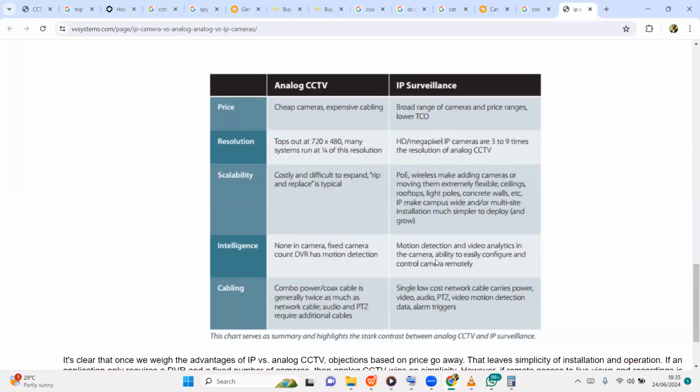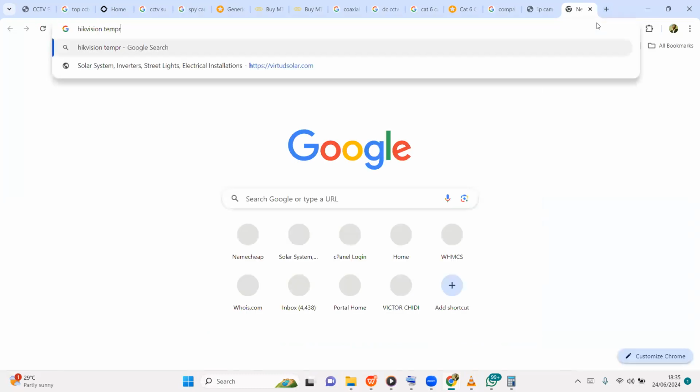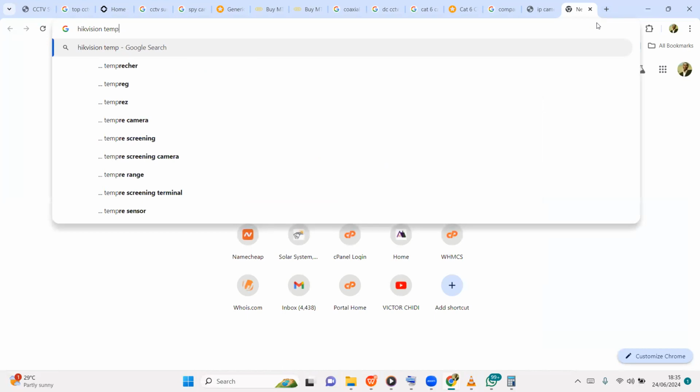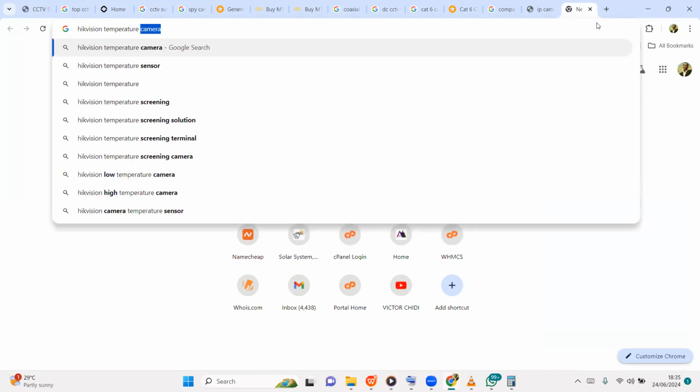Just like during COVID-19, you see that some cameras can be placed in front. If you just say high vision motion sensor cameras, or you say high vision temperature camera screening, right?